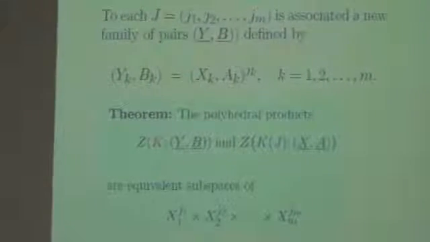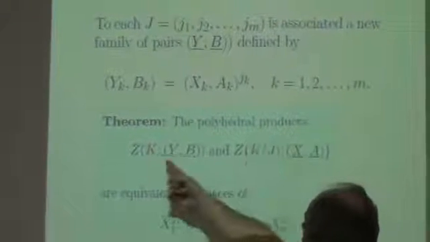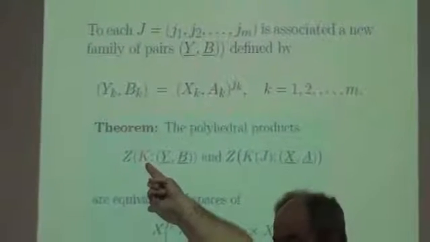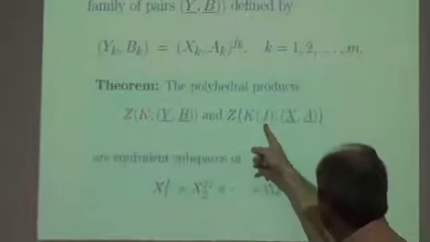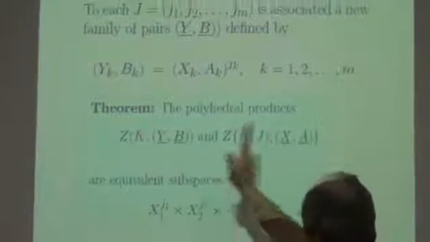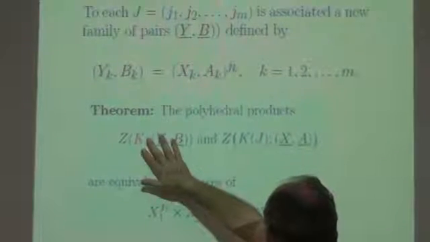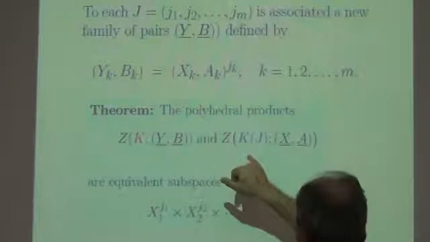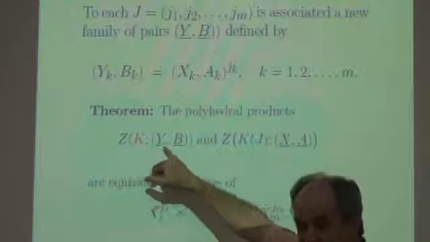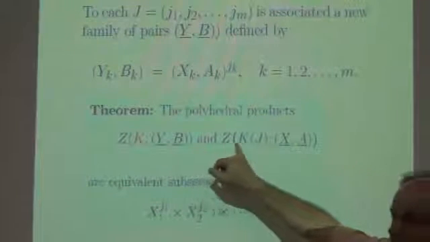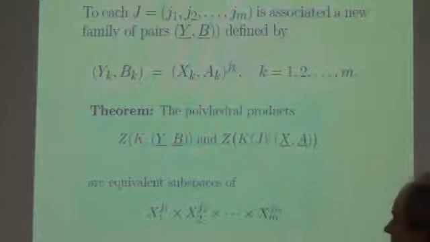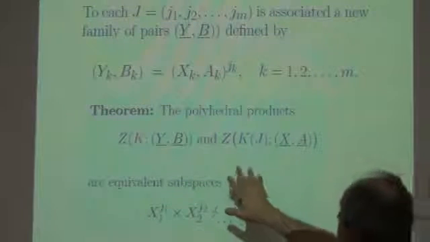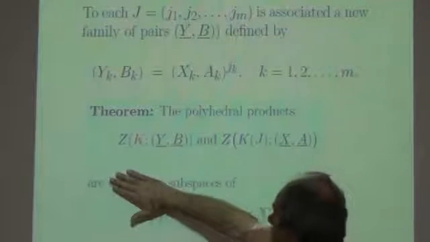So here's a theorem. These two polyhedral products, where this is the small simplicial complex and this is the big simplicial complex. In my talk, you want to think of this side as better than that side. This J construction carries exponentiation of polyhedral products. This is a bad word, equivalent.